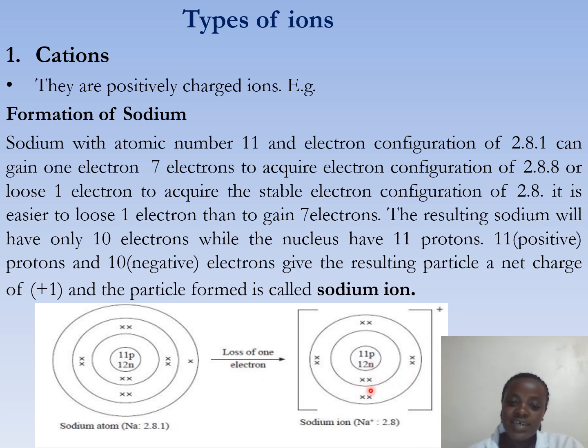In the first we have 2 electrons, and in the second energy level we have 8 electrons. The lost electron, we indicate it up here with a positive sign to show that it is a positive ion since it has lost one electron. That is how the positive ion of sodium is formed.